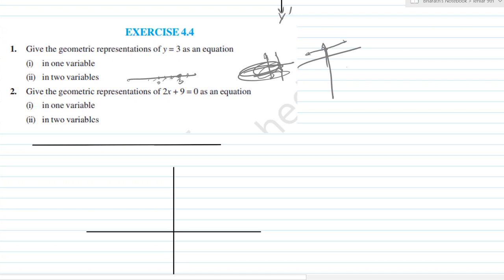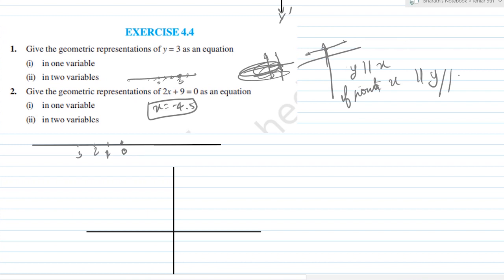See, if the point is given on y, it will be parallel to x, and if the point is given on x, it will be parallel to y. That's all. Same thing here, x will be minus 4.5. So it will be like 0, 1, 2, 3, 4, 5.